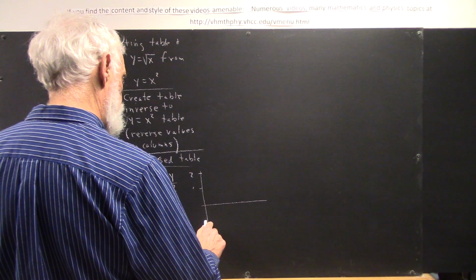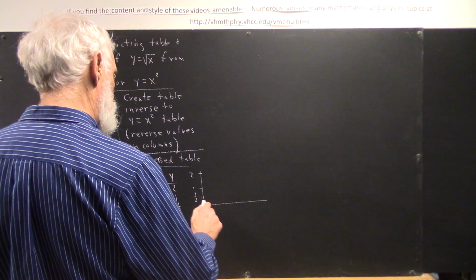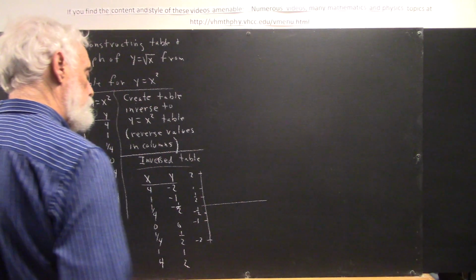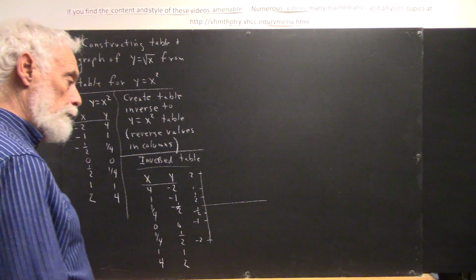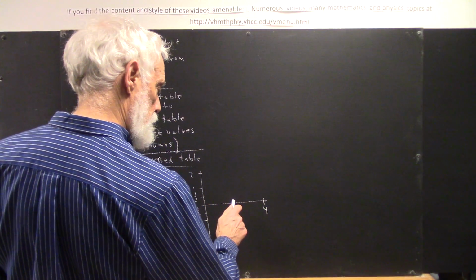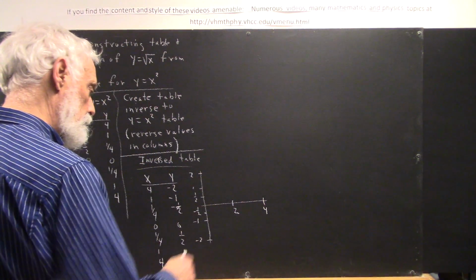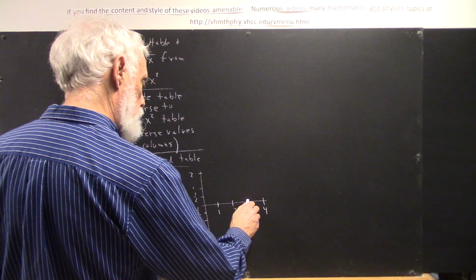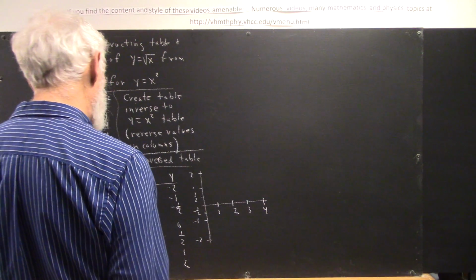We'd have 1, -1, 1/2, -1/2. And the x values, of course, would go from 0 to 4. So x would go out as far as 4. If we cut that in half, and then cut this interval in half and the interval between 2 and 4 in half, we get 1, 2, 3, and 4.